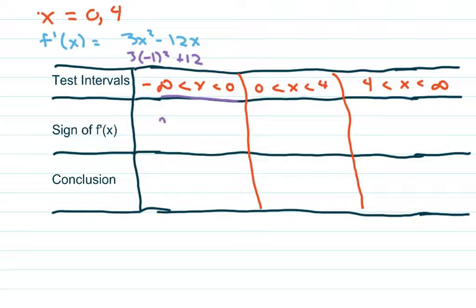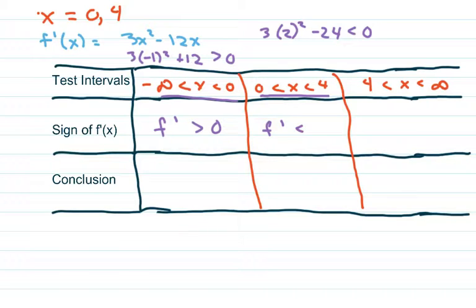So clearly the sign is positive, because this is positive. Now let's plug in a number between 0 and 4, say 2. If you plug in 2, you get 3 times 2 squared minus 24. Clearly this is going to be negative, so my derivative is negative in this interval.